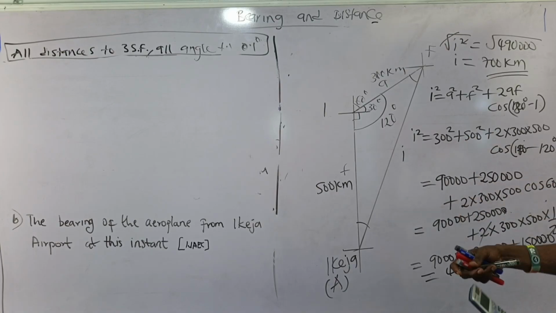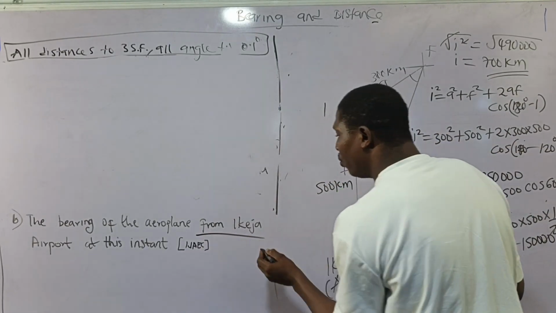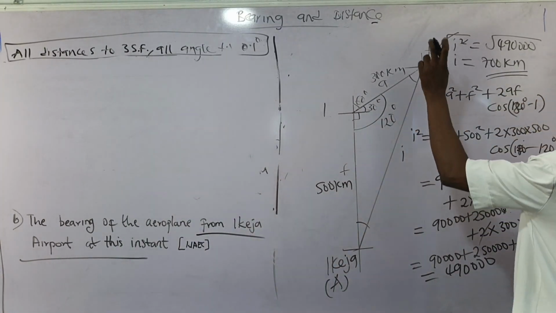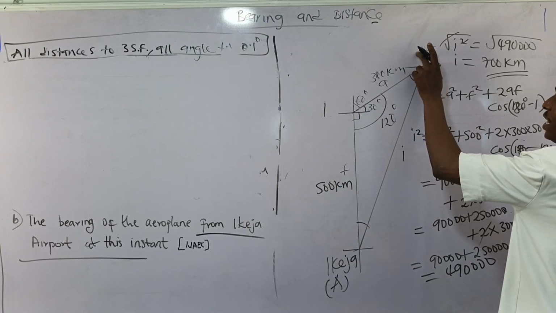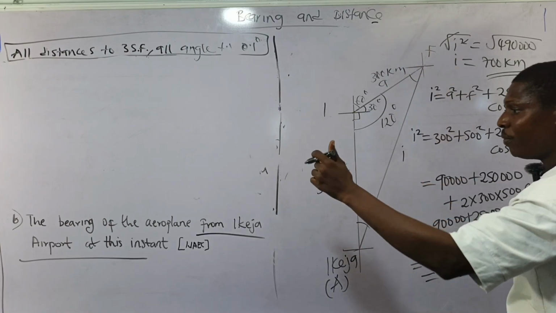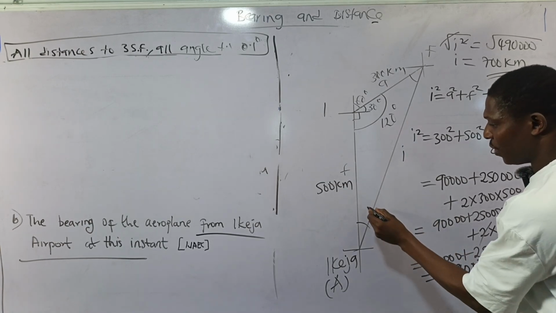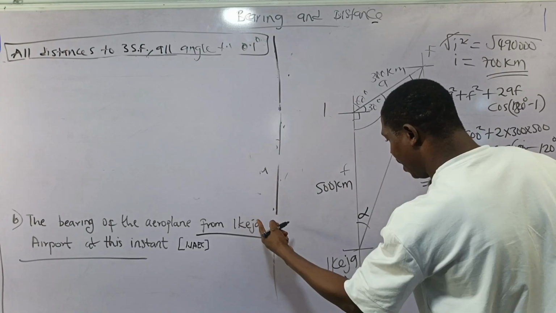From Ikeja Airport simply means you are looking at the bearing of the final position from Ikeja Airport. So I can take this as alpha, and our focus is Ikeja Airport.